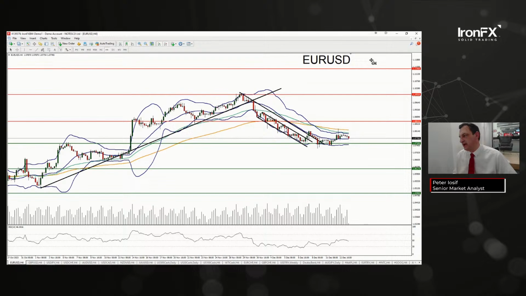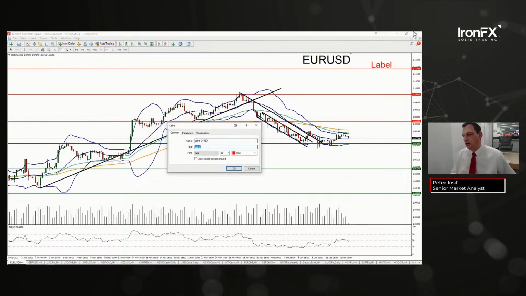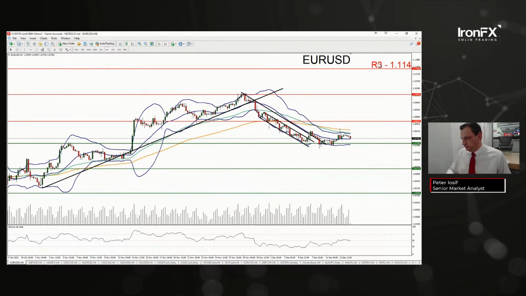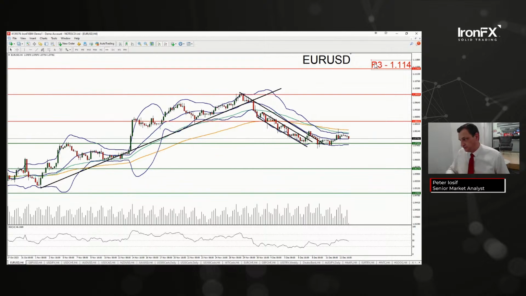Fed funds futures imply a probability of over 97% for such a scenario to materialize. So that's more or less implying that the interest rate part of the decision is expected to be an open and shut case.